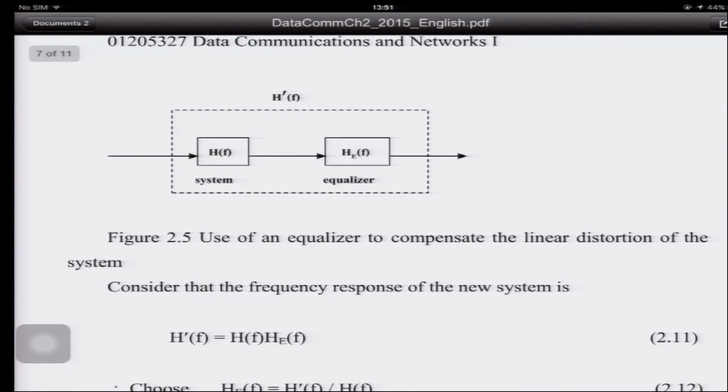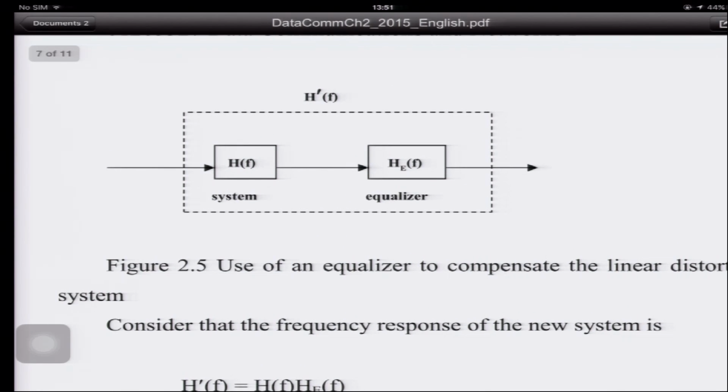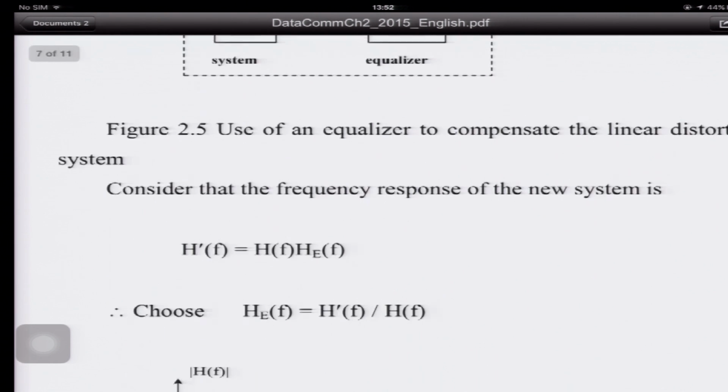Now, if you look at this system, if you have the original system H(f), and you put an equalizer next to the system, so you have H_E(f), the frequency response for the equalizer, the new frequency response of the new system will be H'(f), which is the multiplication of H(f) and H_E(f). So you get something like this.